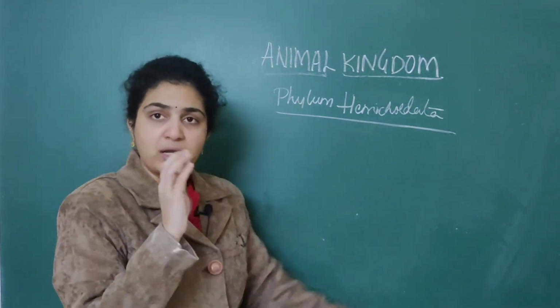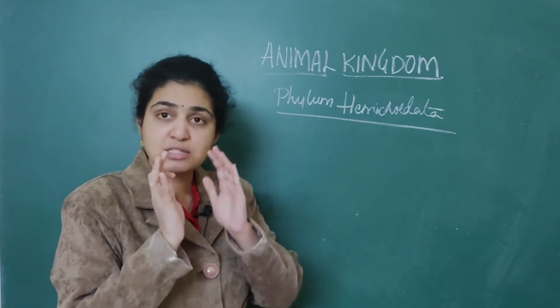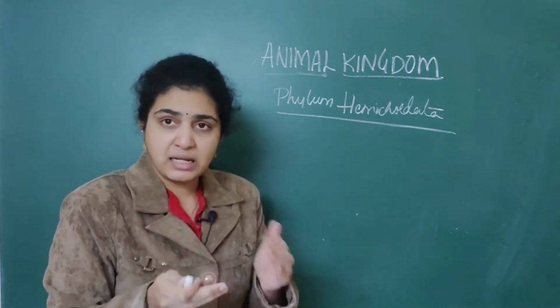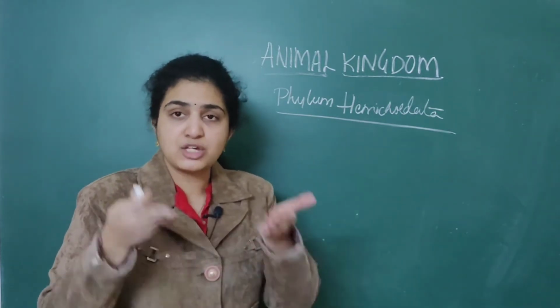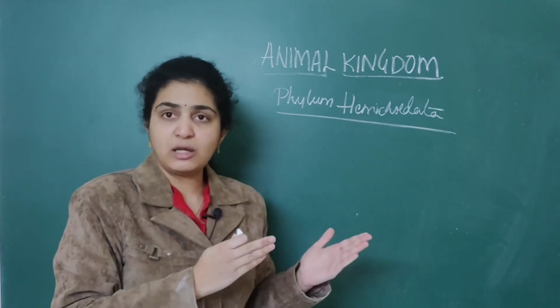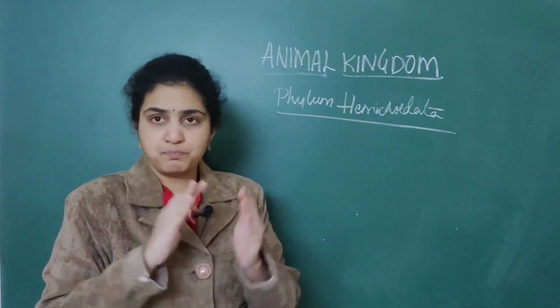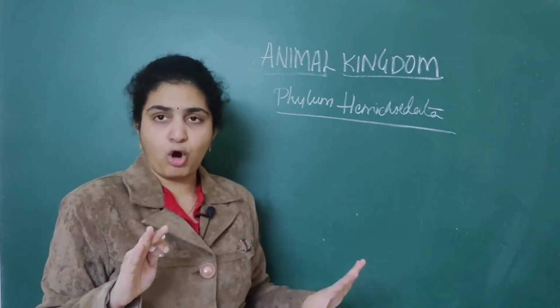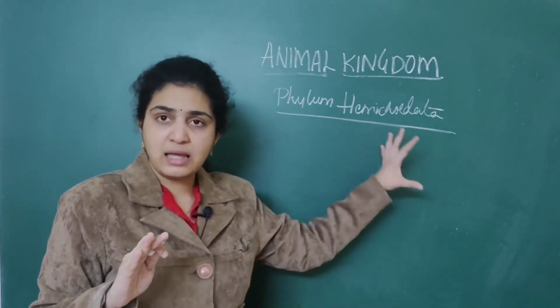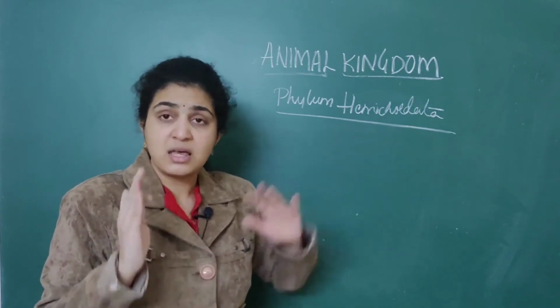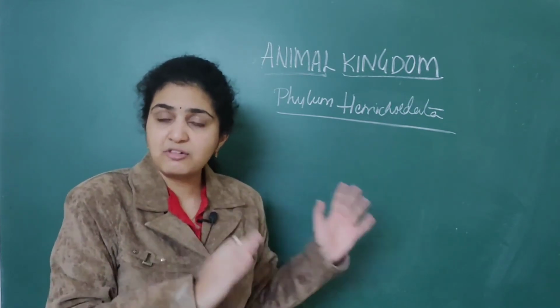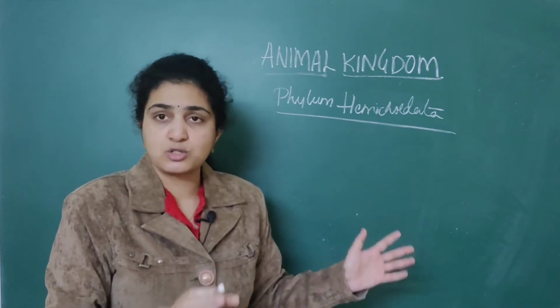What is the important point in this phylum? Before, they were classified as chordates only, but in the recent classification they have been changed into hemichordates. That is, some were classified under chordates, and now recently they have been changed to hemichordates, meaning they have created a separate phylum for Hemichordata.